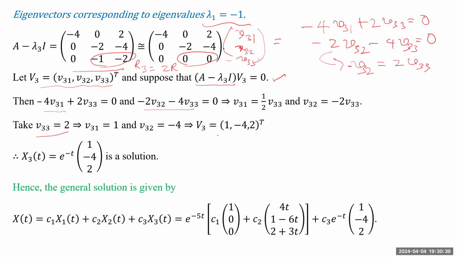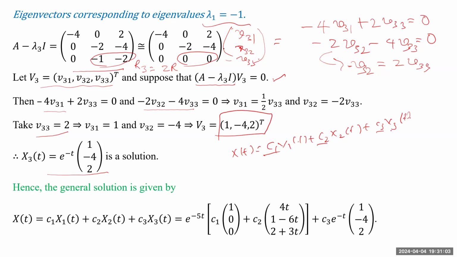So this is your final vector V3 and your solution is this one. So totally this is the general solution: x of t is equal to C1 x1 of t plus C2 x2 of t plus C3 x3 of t. So you have 3 constants.